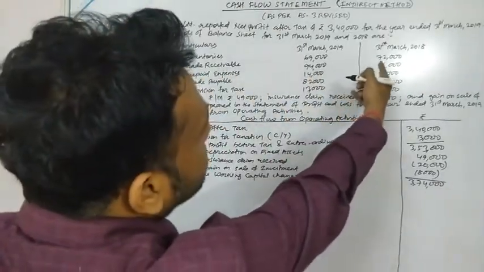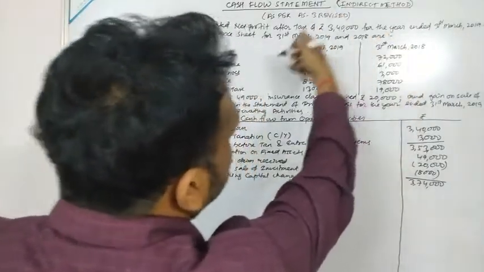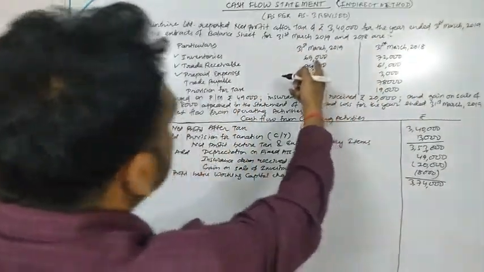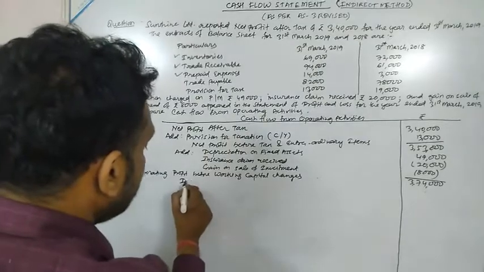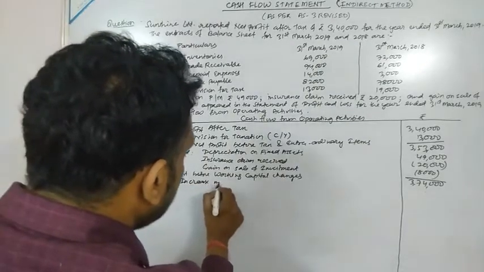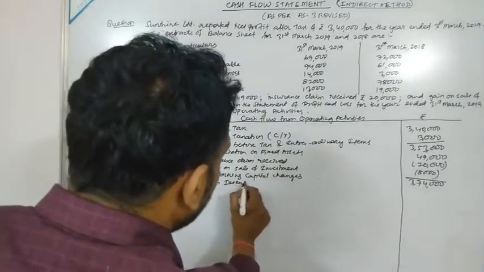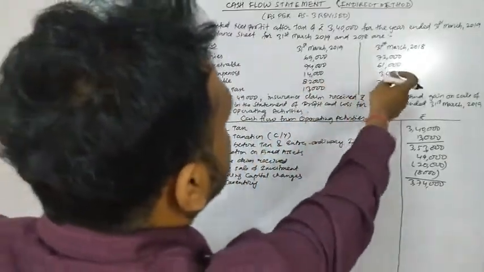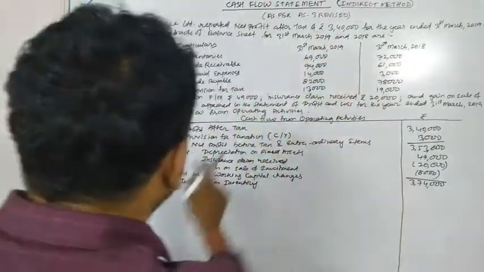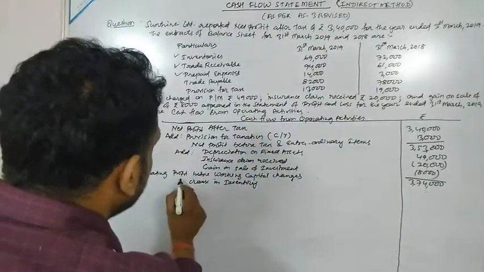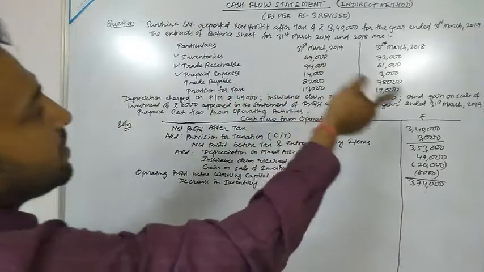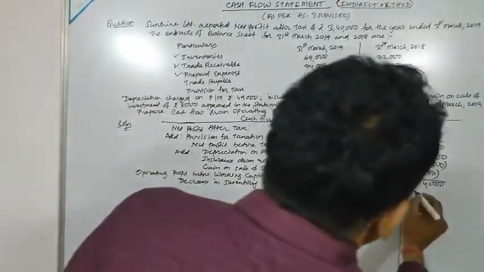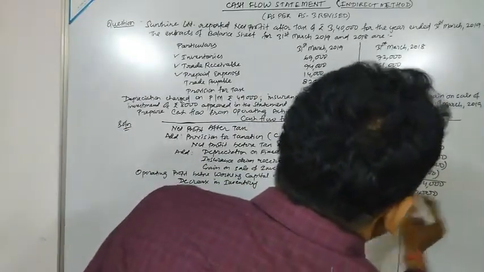We have to compare from the previous year to the current year. 72,000 and 69,000, so this is a decrease in inventory. The decrease in inventory would be added. It is 3,000.